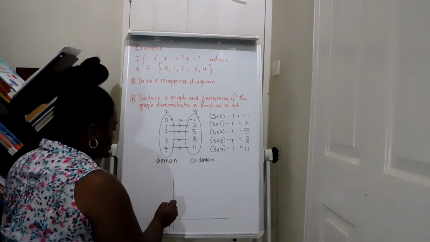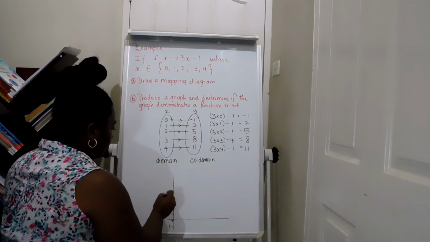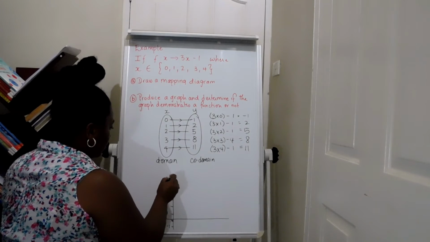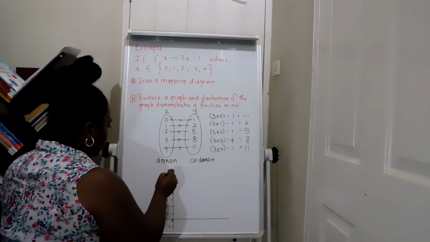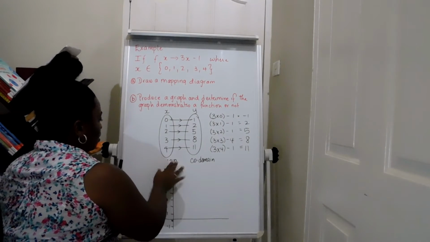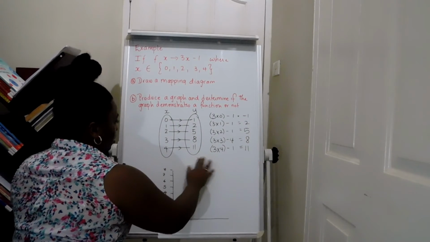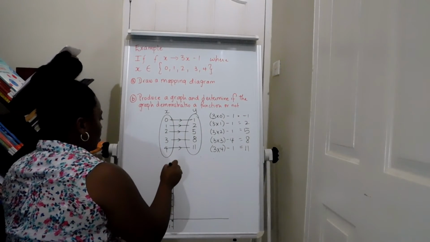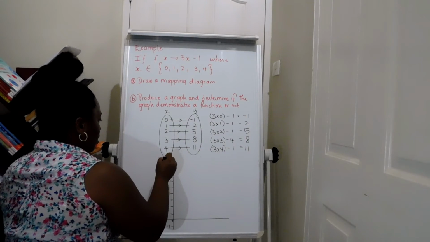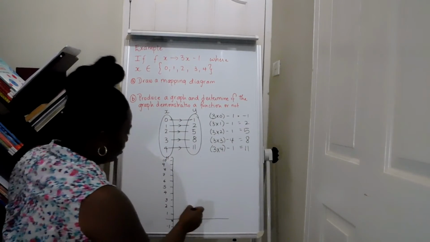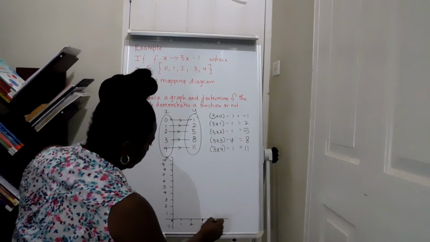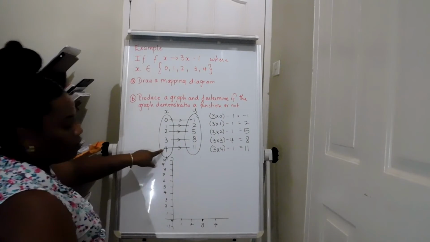Don't worry, we're going to learn how to do graphs soon. 3, 4, 5, 6, 7, 8, 9, 10, 11, because it ends at 11 there. And then we're going to say 1, 2, 3, 4, because it ends at 4 here.